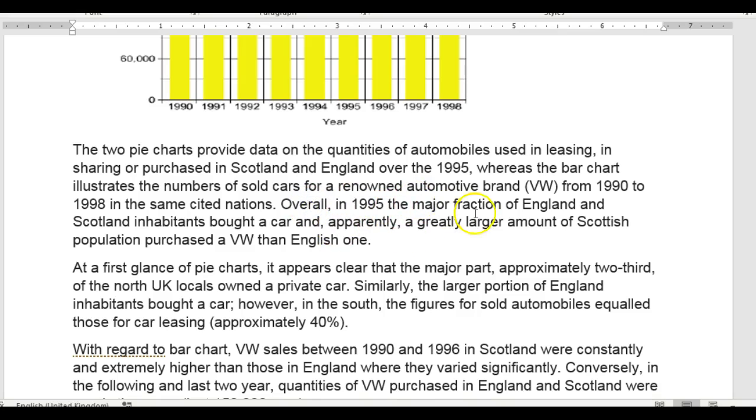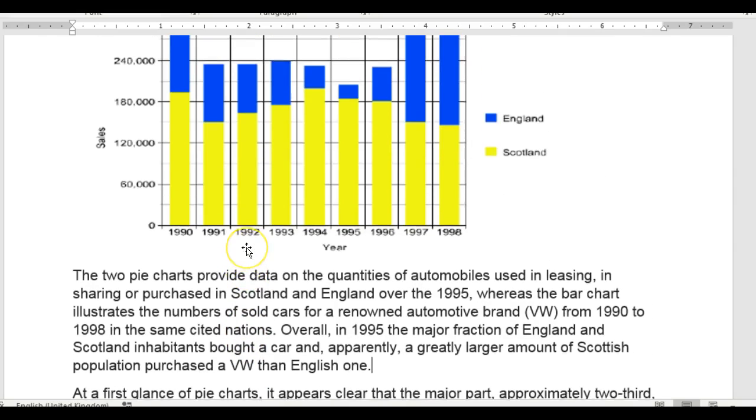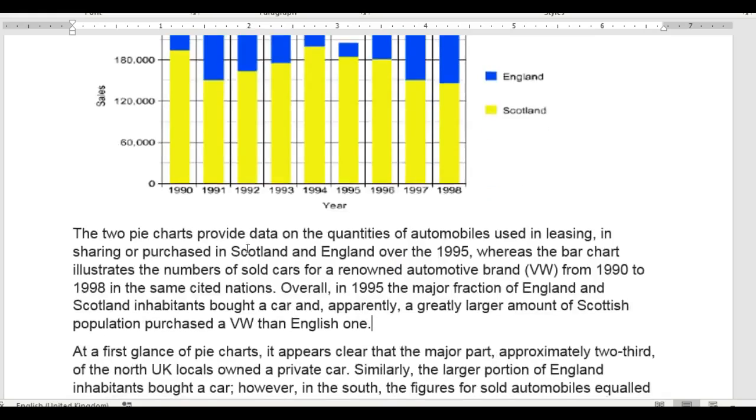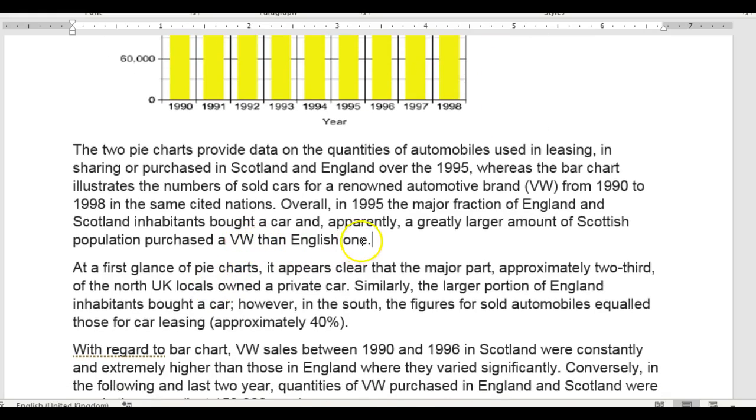Overall, in 1995, the major fraction of England and Scotland inhabitants, I would say the majority of, would be better than saying the major fraction. The majority of England and Scotland bought a car, and apparently a greatly larger amount of Scottish population purchased a Volkswagen than English one.